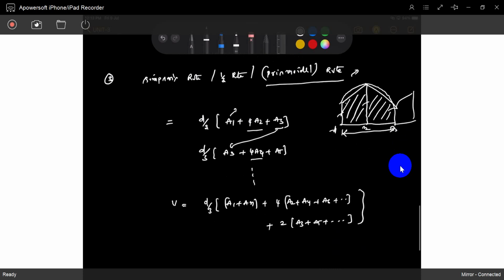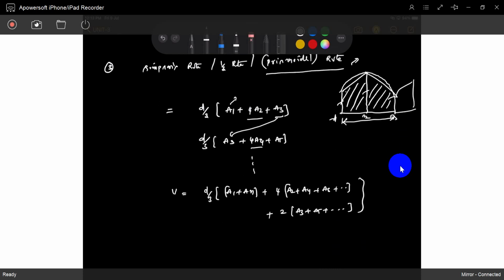Understood? We already wrote down the formula, but at that time we used A0. If you're using A0 as the first area, the same: A0 plus AN plus 4 of A1, A3 like this, 2 of A2, A4 like this.